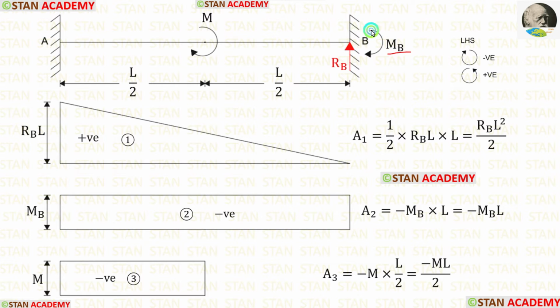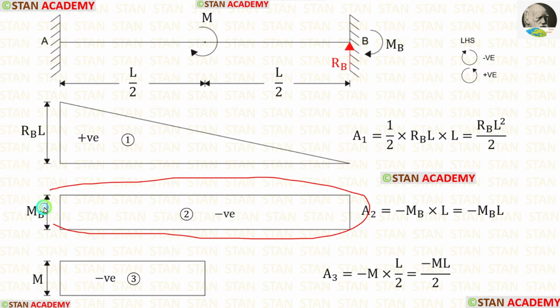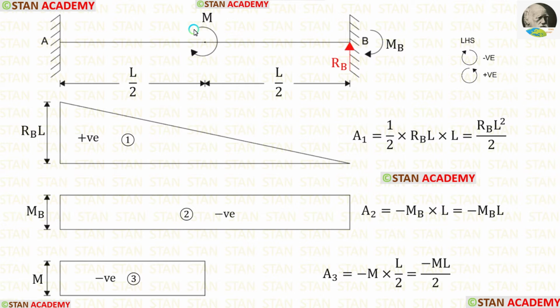MB is acting in the clockwise direction, so the moment will be negative. MB will not change, it will be constant for the whole length of the beam. In this case, we will get a rectangle shaped diagram. The couple or point moment M is acting in the clockwise direction, so the bending moment will be negative.